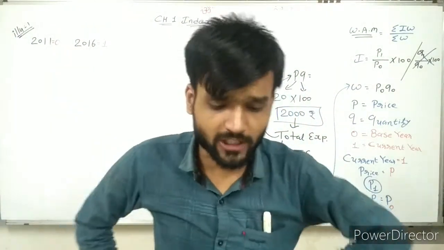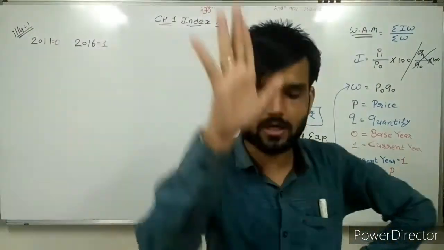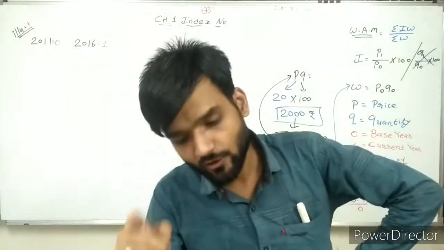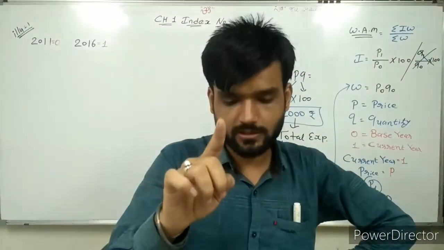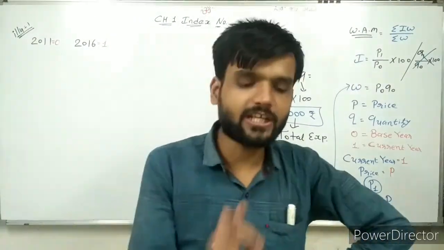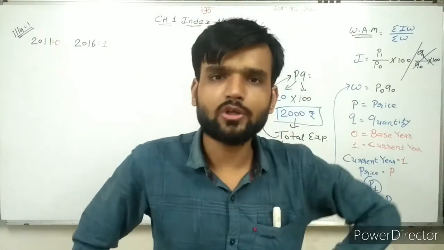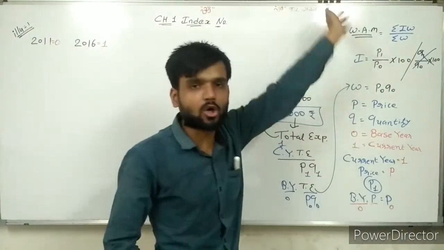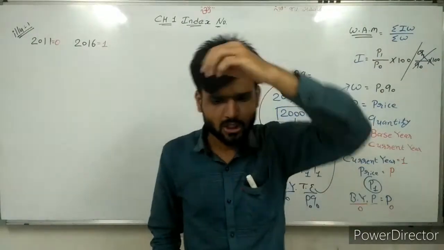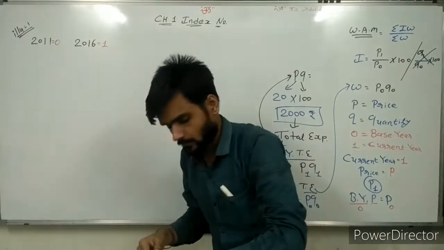Find the index number for the year 2016 with base year 2011 by the weighted average method from the following data of price and weight of 5 different items. So for 5 items, weights as well as prices are given. So here we don't need to find weight because weight is already given for 5 items. So I am writing weight first.